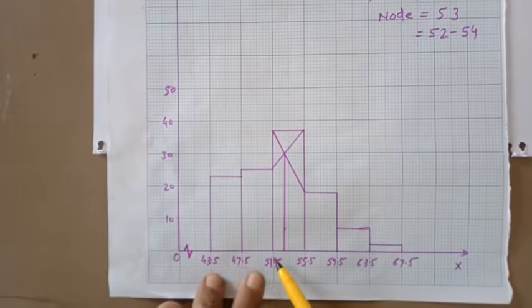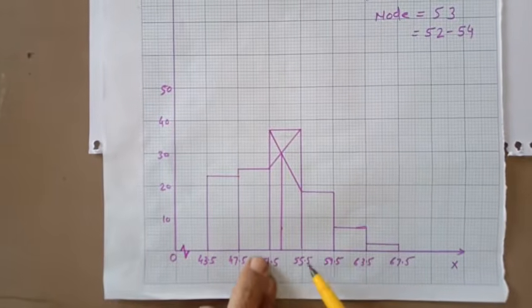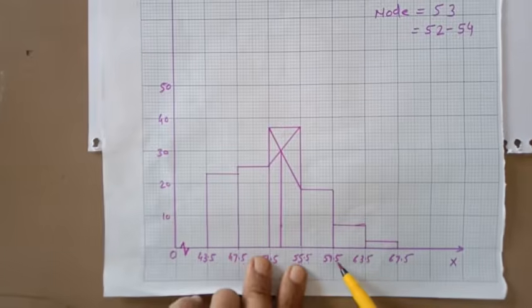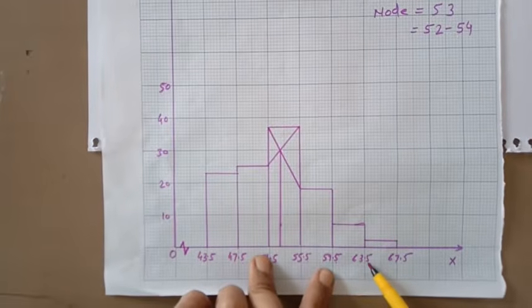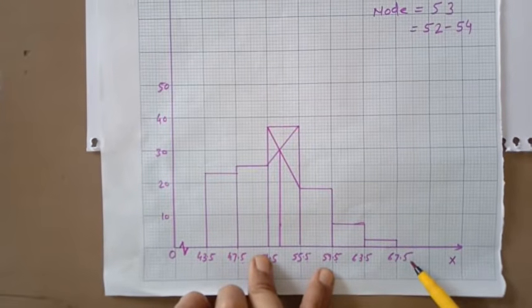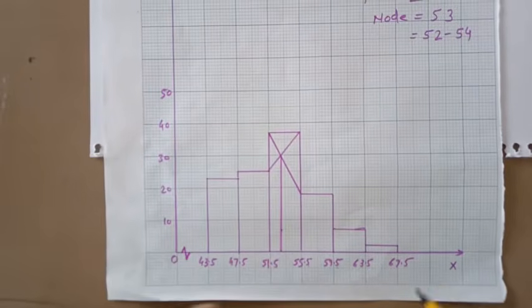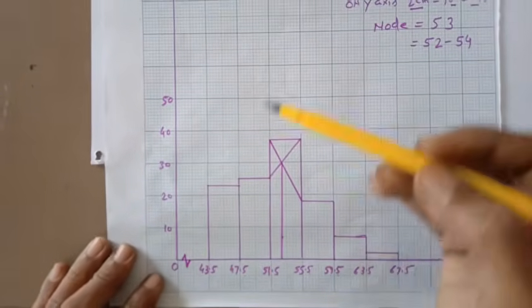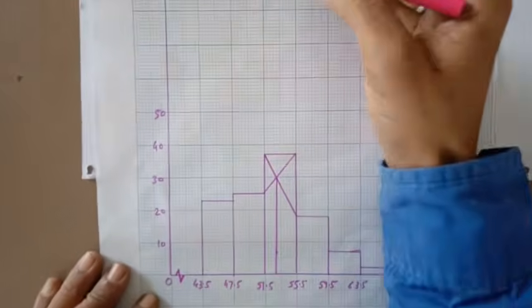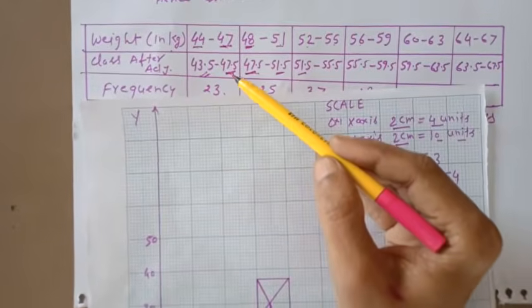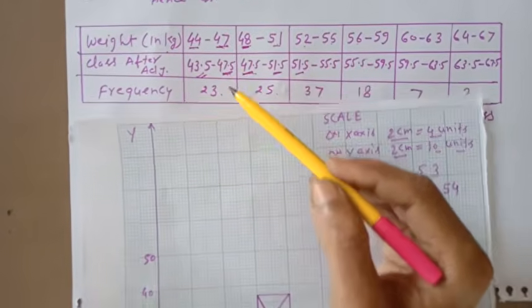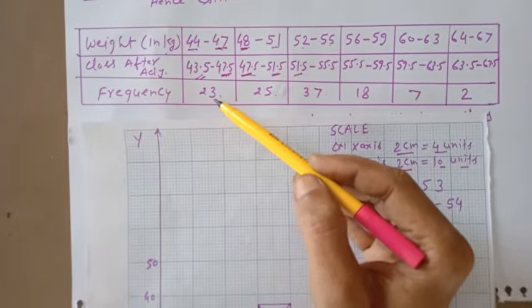Then for the next, 51.5. Next will be 55.5, 59.5, then 63.5, and the last is 67.5. Now, the height of the first column, that is 43.5 to 47.5, is 23, the frequency is 23.